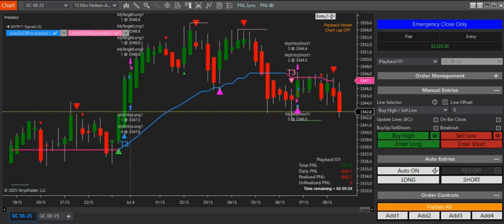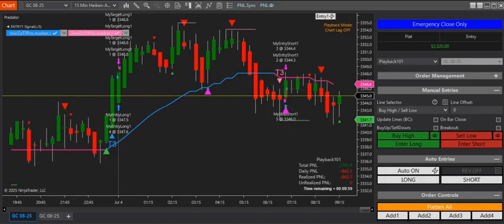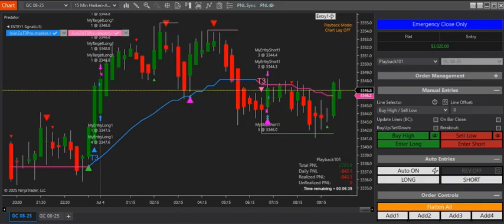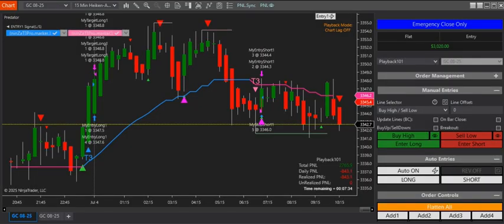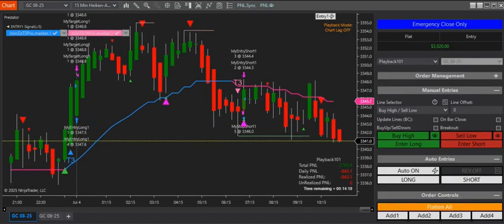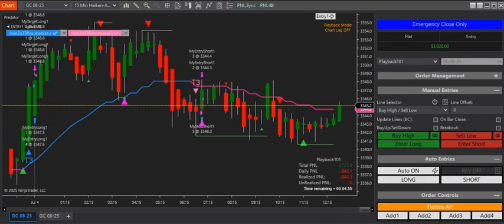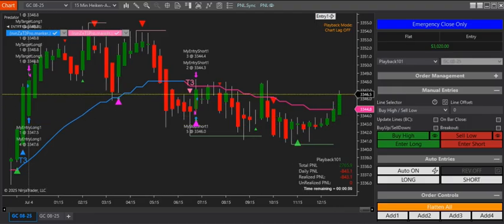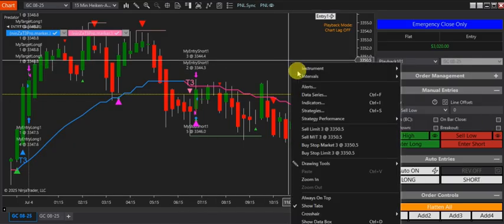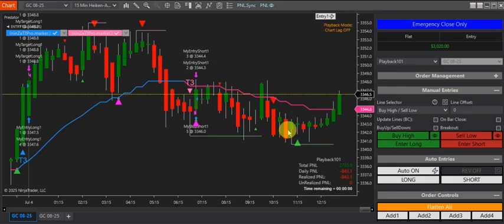The last method is not back testing, but forward testing. Once I have tested my strategy in market replay for 3 to 6 months, I would now do a forward test. What forward testing basically is, is paper trading. You're actually trading in the live market, but not with real cash.